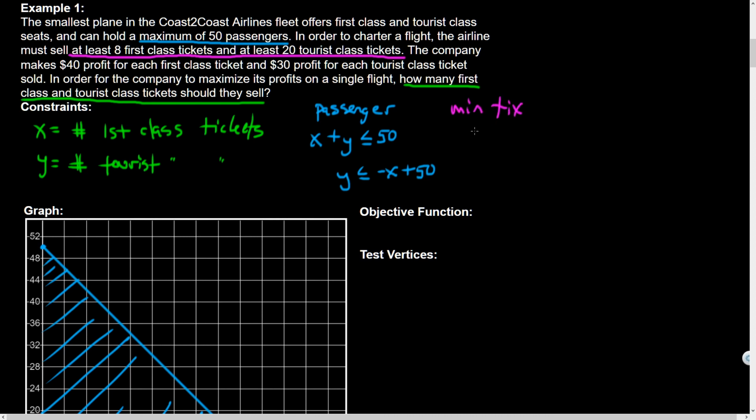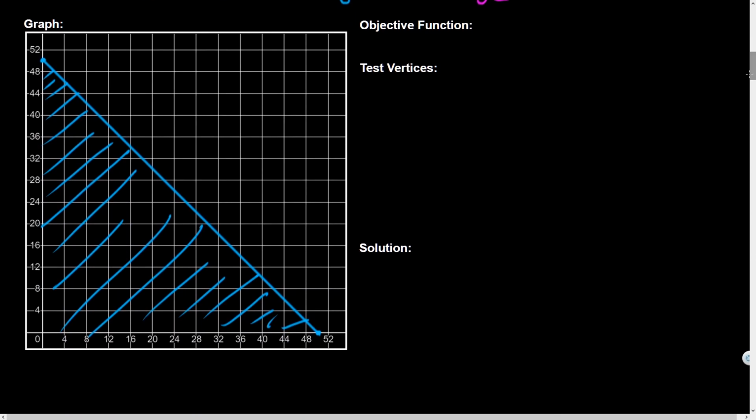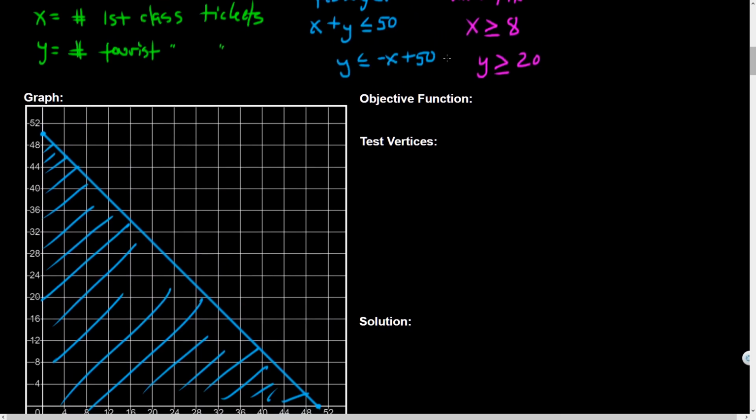The number of first-class tickets, x, must be at least, so greater than or equal to 8, and the number of tourist tickets, y, must be greater than or equal to 20. I could have made that 2 separate inequalities, but x greater than or equal to 8 is going to be the equation of a vertical line.